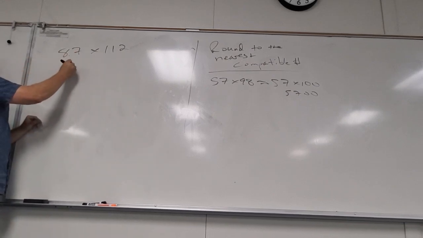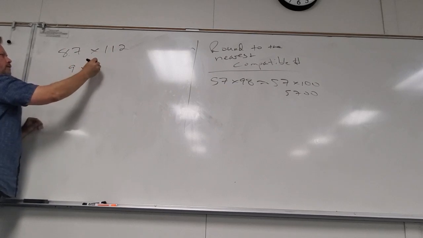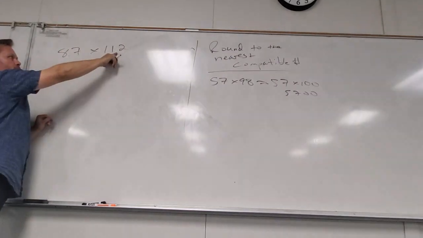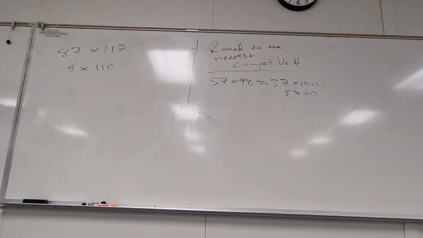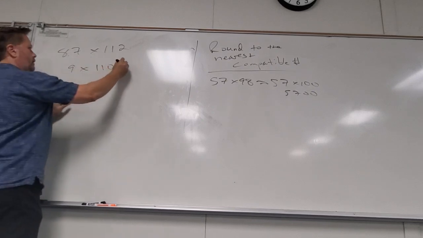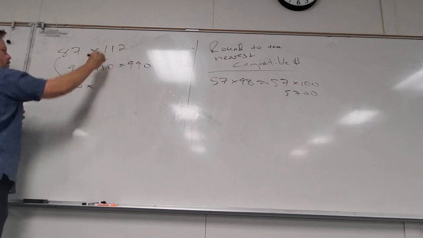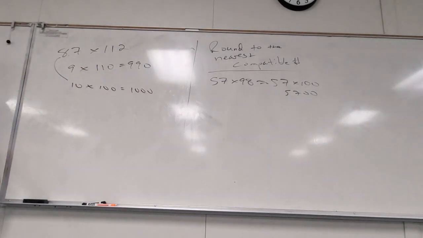Sure, you could make this 9, which means you have to make this, if I go up a little bit on this one, I have to go, so maybe 110, because I didn't really go up that far, you guys with me? So that would be 990. I was thinking I would do 10 and 100, and that would be 1,000. See how close those are? So if I make one go up and one go down, then overall I should average out.